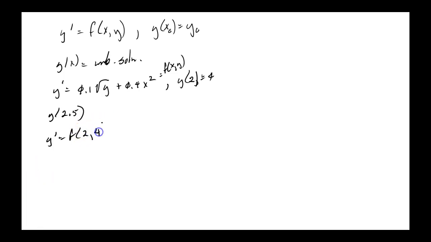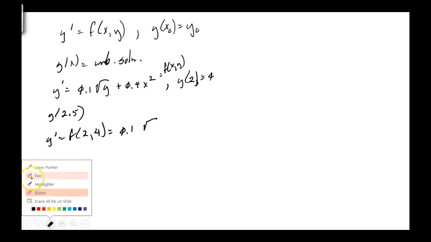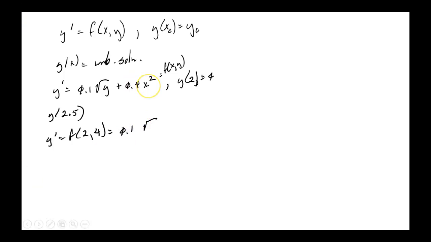At 2, 4, we know the value there. So this is going to be 0.1 times the square root of y, which is 4, plus 0.4 times 2 squared.